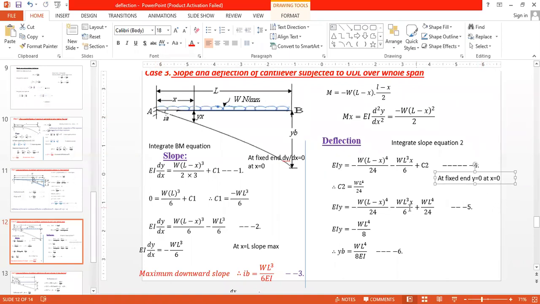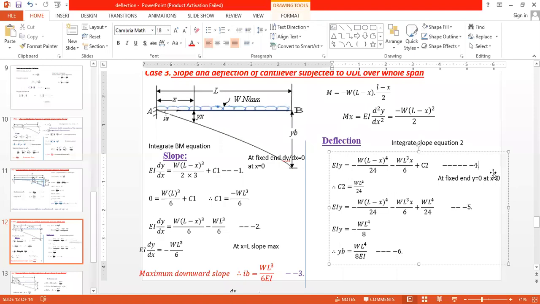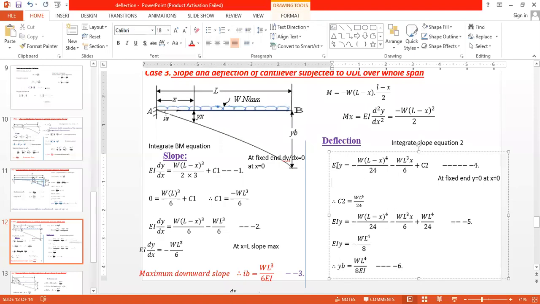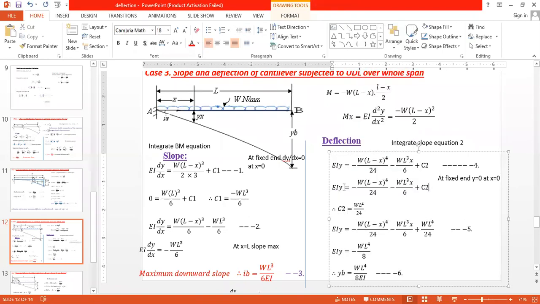Now you put this in this equation. When you put x is equal to 0 in this equation, the left hand side will be 0.